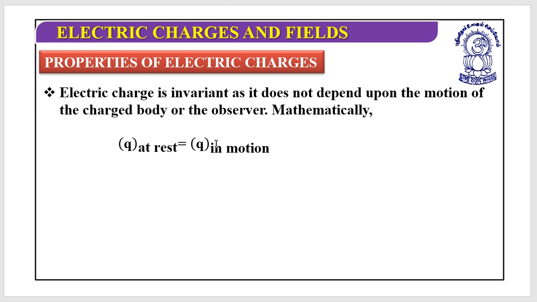Okay. So next, the properties of electric charge are very interesting. We say that electric charge is invariant, as it does not depend on the motion of the charged body or the observer. So it means Q at rest and Q in motion would both be the same. But why do we say this?